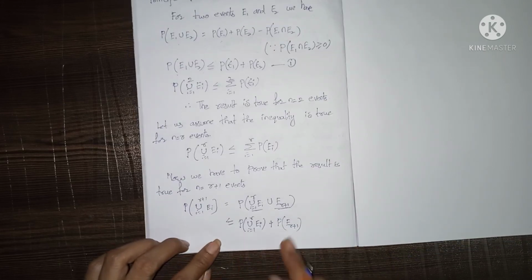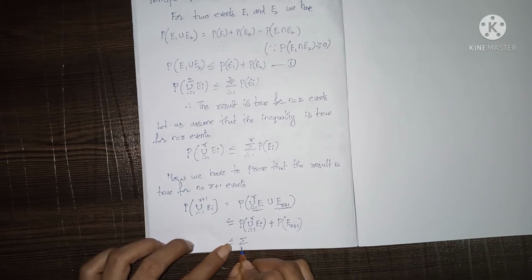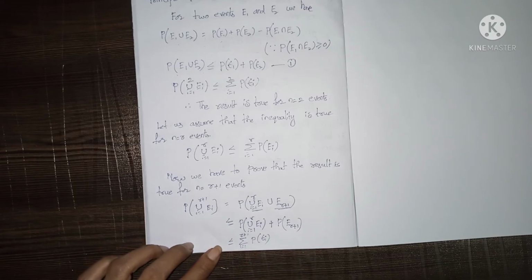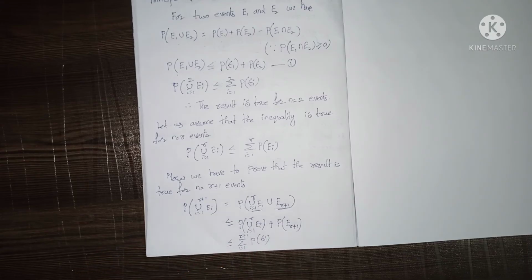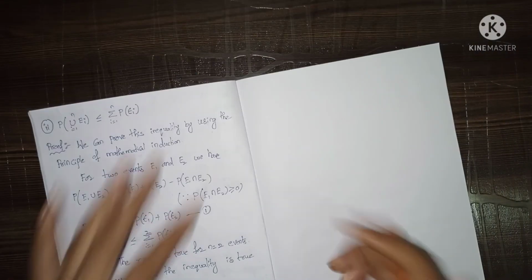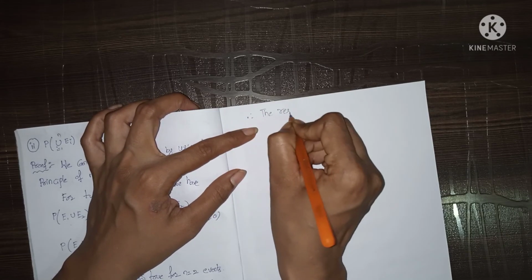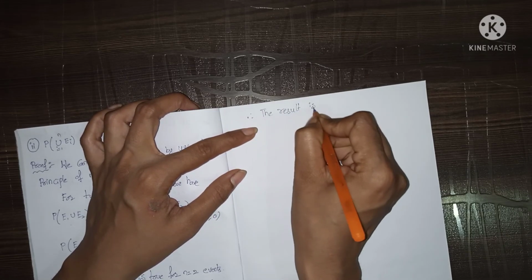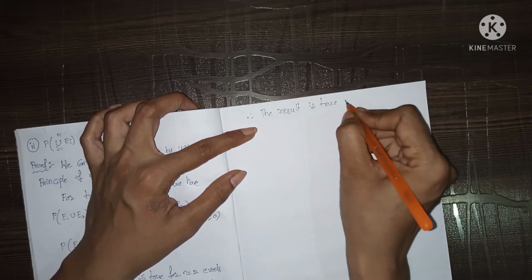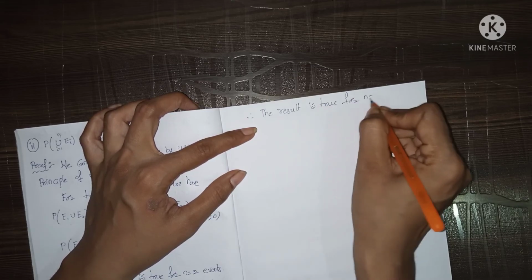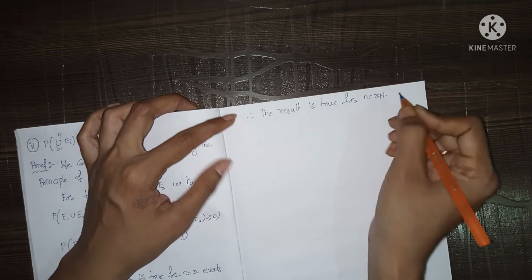Now if we add these two terms, we get summation i equals 1 to r plus 1 P of E_i. So now n equals r plus 1 is also true. Therefore the result is true for n equals r plus 1.